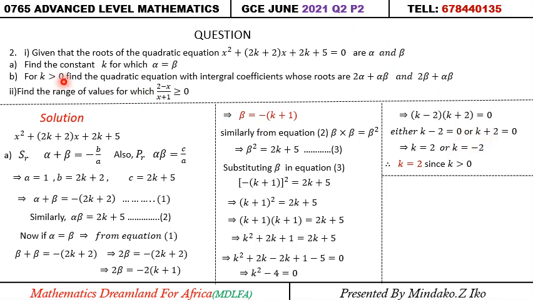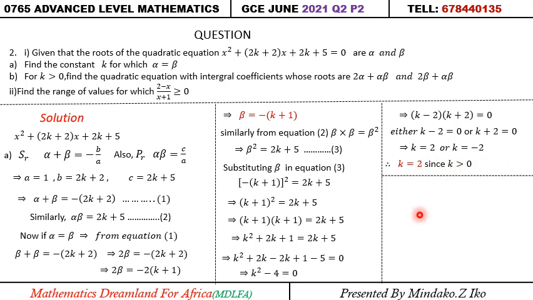But if the question was for k less than 0, we would take the negative part and leave the positive part. But the question says for k greater than 0. When we draw our number line, we notice that negative 2 is less than 0, while positive 2 is greater than 0. That is why I choose k equal to 2, since k is greater than 0.